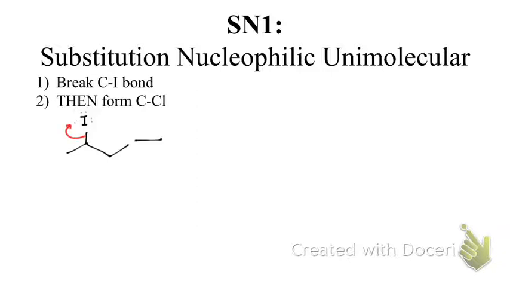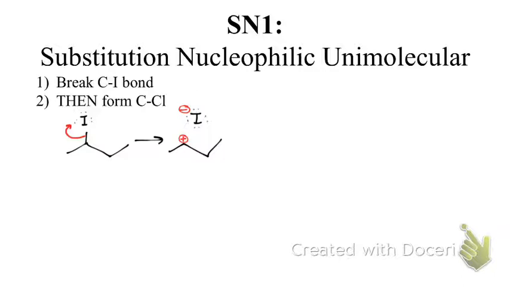When we break it, what happens to our structure? Iodide broke off how? It took electrons. It started neutral, took electrons. What charge is it? What happened to the carbon? Positive. It lost electrons. It must be positive.